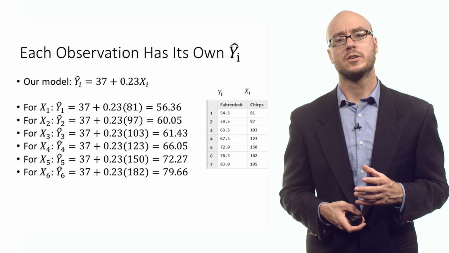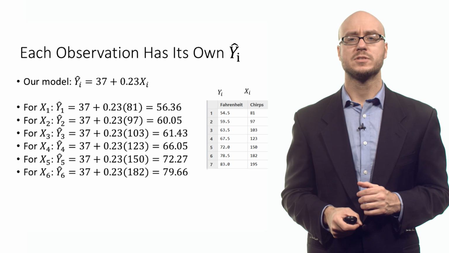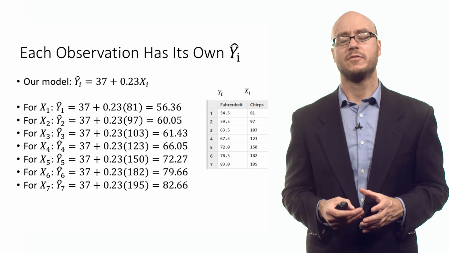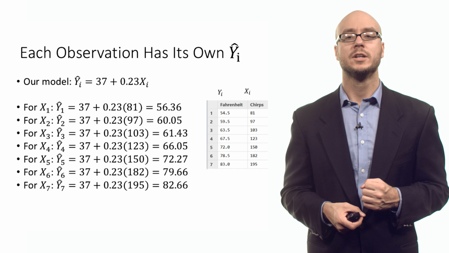And then when x is 182, the expected mean temperature is about 79.6. And when x equals 195, the expected mean temperature is 82.6, roughly, degrees Fahrenheit. So we have these 7 different y hats, these 7 different expected means of the outcome for these different values of x.